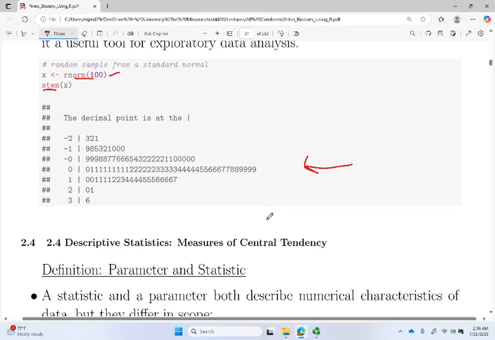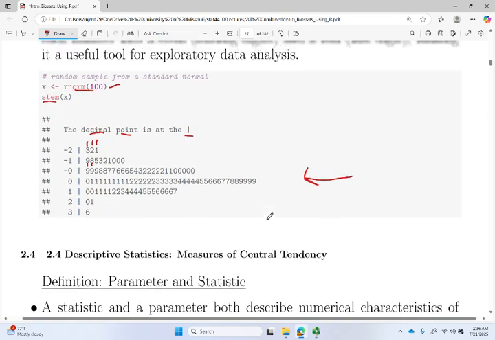So one of the values is negative 2.3, right? The decimal point is at the dash. So negative 2.2, negative 2.1. This is negative 1.9, negative 1.8. And they're ordered, right? And so you get a feel for the data.